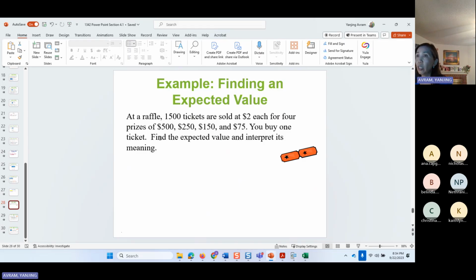A raffle: 1,500 tickets are sold at $2 each for 4 prizes. The first prize you get 500, second prize 250, third prize 150, and fourth prize 75. If you buy one ticket, what is the expected value, and how do you explain this expected value?